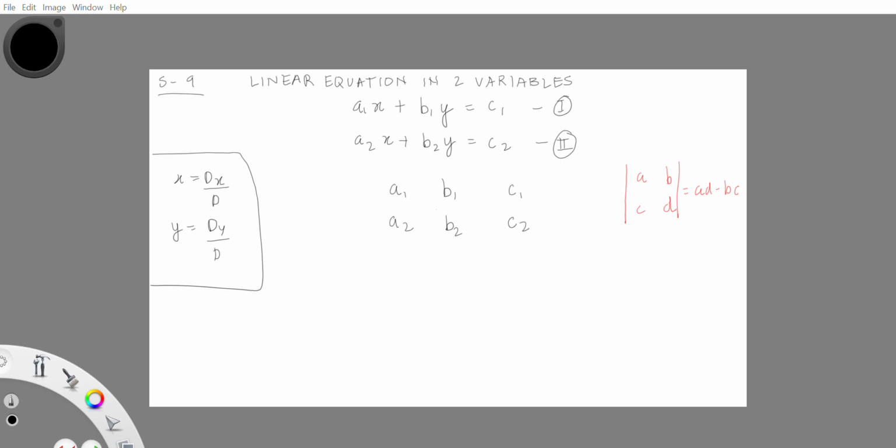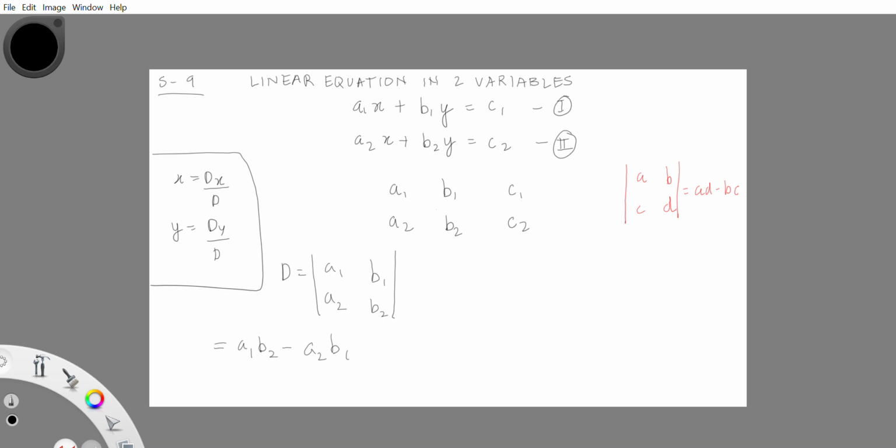Therefore, capital D is given as a1, a2, b1, b2, and when we solve it, the value comes as a1 b2 minus b1 a2, or we can write it in the other sequence, a2 b1. That does not change the value. Now this value is for d.